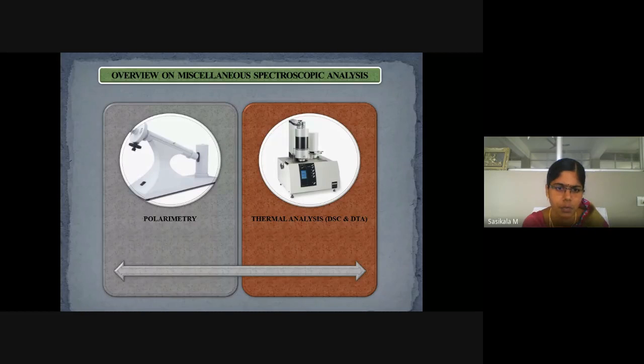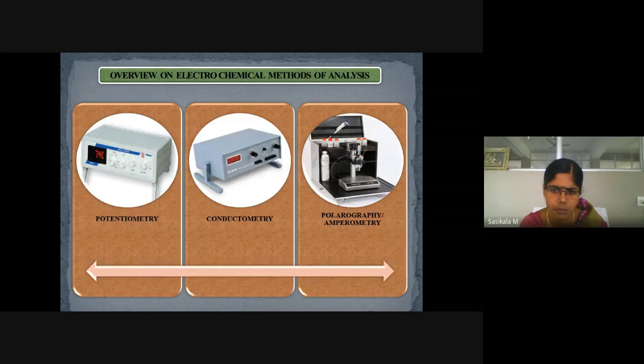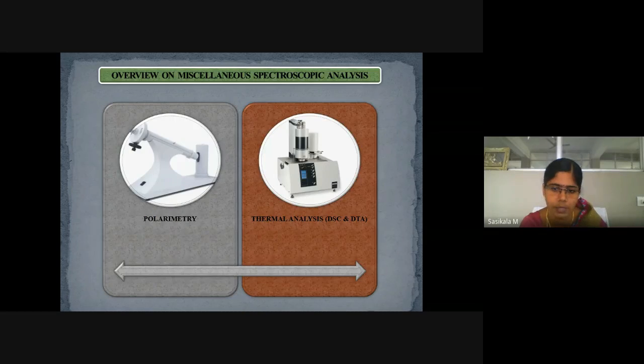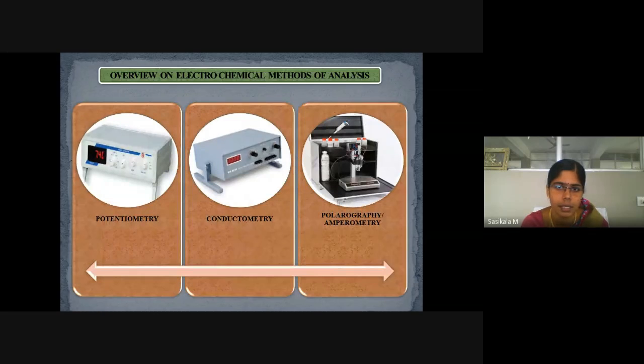Polarimetry is applicable for determining optically active compounds, enantiomers, isomers, and stereoisomers, which are analyzed using a polarimeter, whereas polarography is an electrochemical method. That is the difference. Under electrochemical methods, potentiometry, conductometry, and polarography, where potentiometry and conductometry analyses you will be performing in practicals also in the lab.